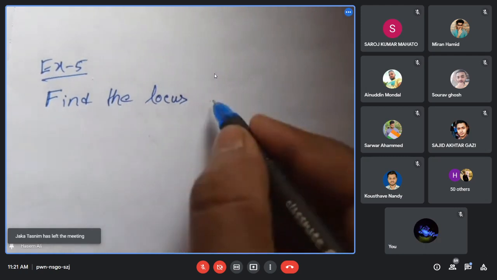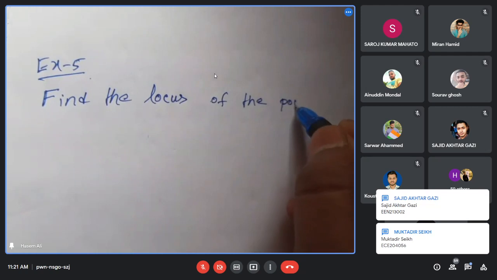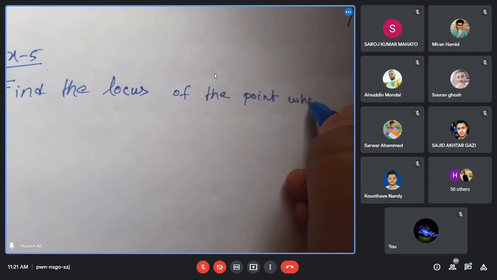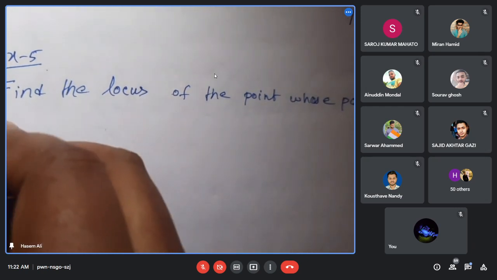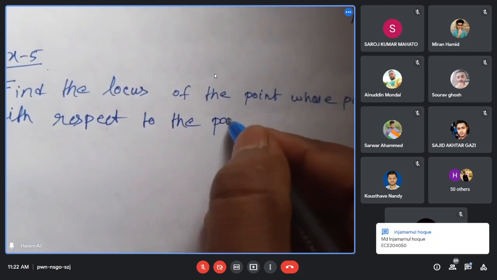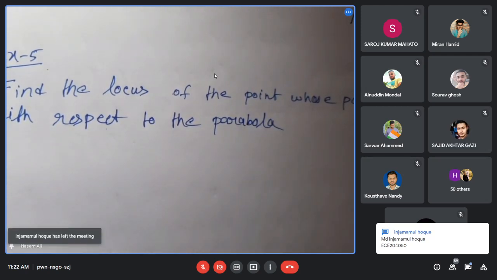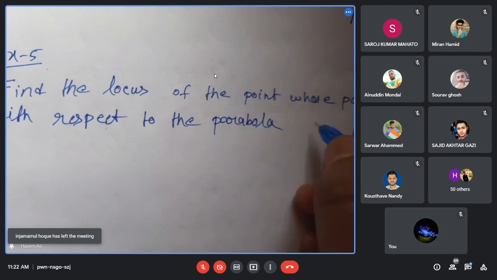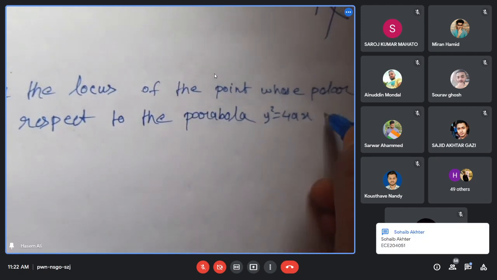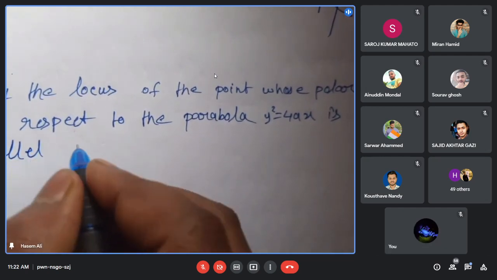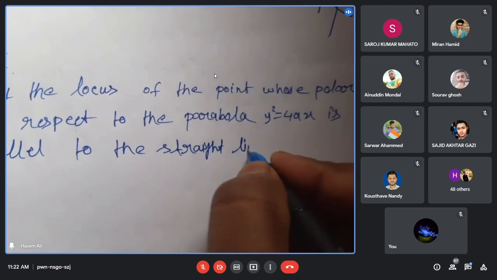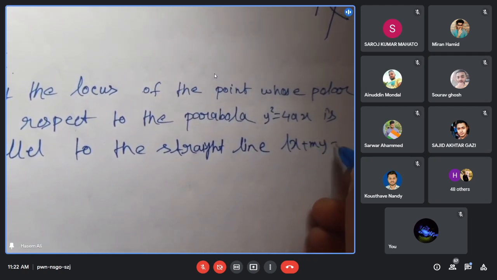Find the locus of the point whose polar with respect to the parabola y square equals 4ax is parallel to the straight line lx plus my equals 1.